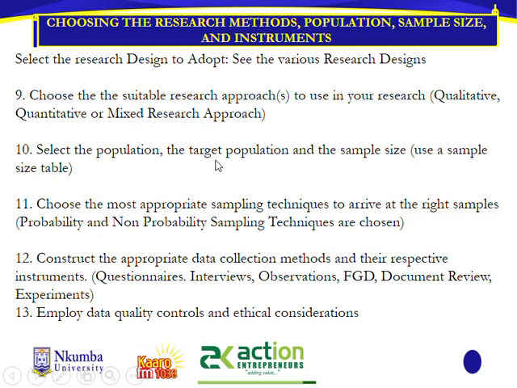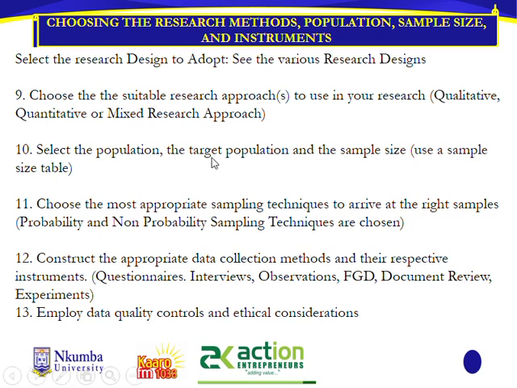The target population are now those schools that, from this total, you particularly aim at studying. Could be schools in that sub-county, but there can be schools in the entire district, but you're studying a sub-county as your target.